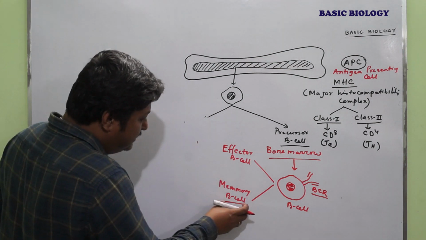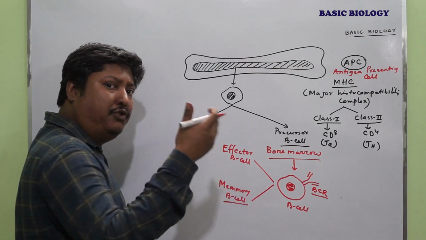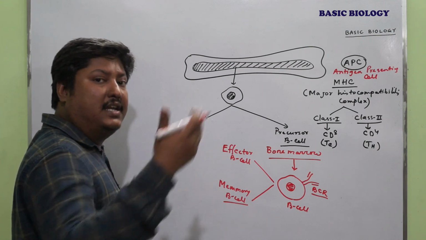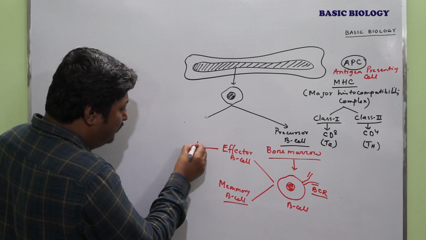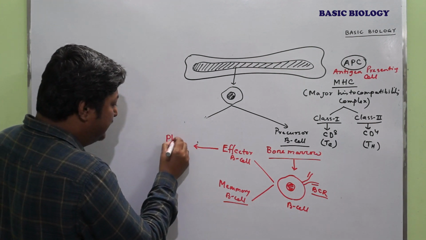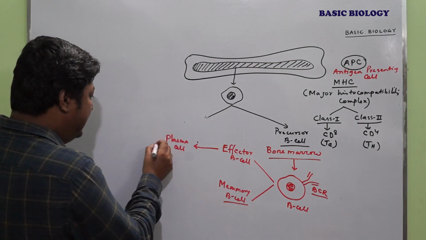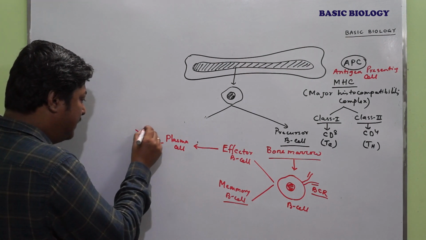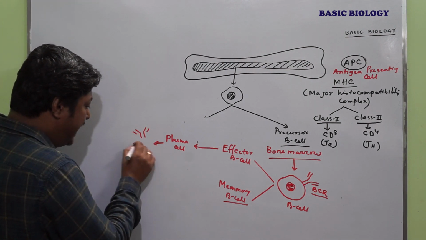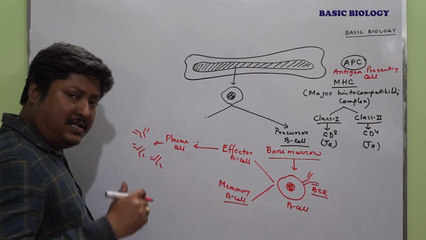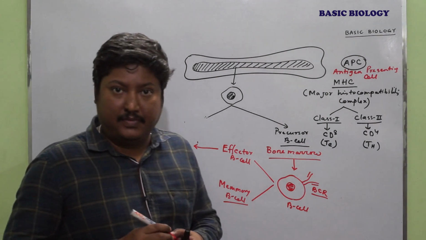So this memory B cell is used for future encounters with the same antigen. This effector B cell is converted to plasma cell, and these plasma cells secrete antibody which interacts with the antigen to precipitate it or inactivate it.